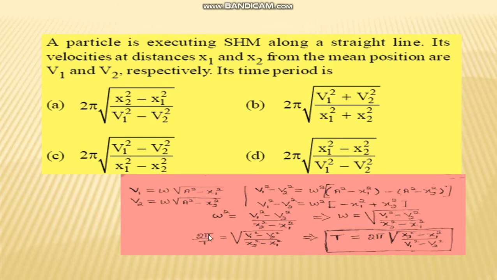But omega means 2 pi by T, and simplifying this you get T is equal to 2 pi square root of x1 square minus x2 square divided by v1 square minus v2 square. So our answer is A.